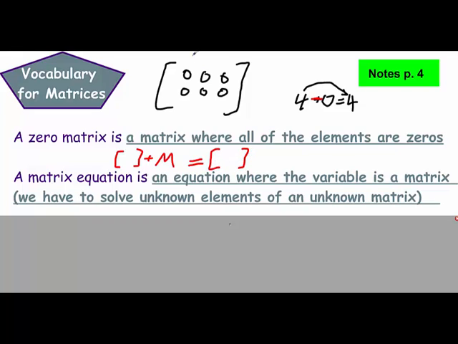If we know what those numbers are inside, 1 and 3 and 0, 7, and we're adding some certain things, and we come up with 4 and 10 and 2 and 5, we should be able to see that this is a matrix equation. We have a whole entire matrix that goes in here. There's an equal sign, so it's an equation. We would have to figure out exactly what those 4 elements would be in this matrix to make this statement true.